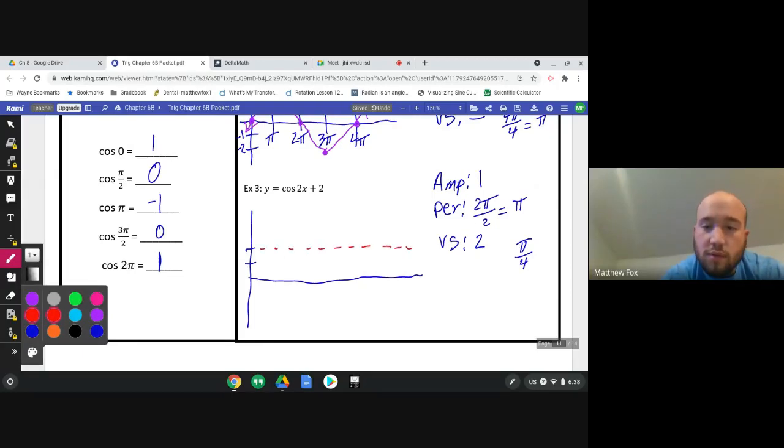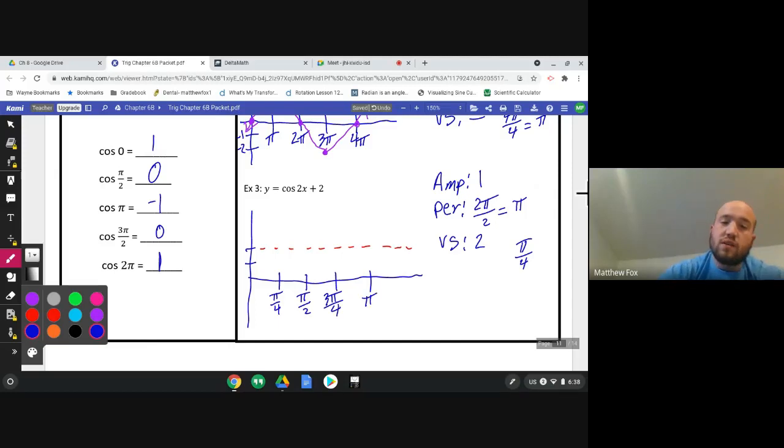So there's where my midline is. Now, we can put these marks 1, 2, 3, 4, and we know it's pi over 4. If we add pi over 4 into that, we'd get pi over 2. If we add it again, we'd get 3 pi over 4. Add it again, we'd just get pi.